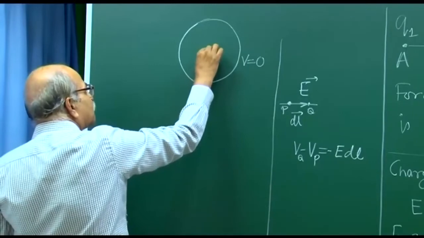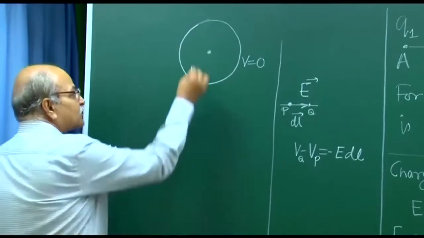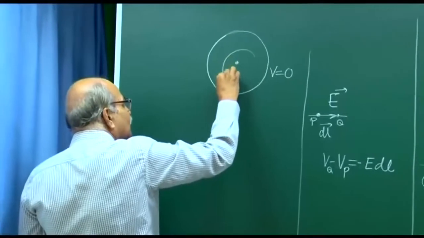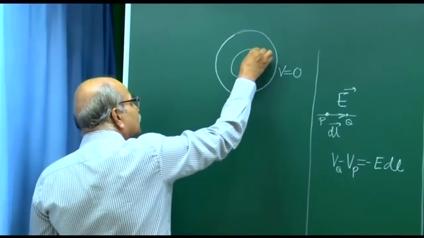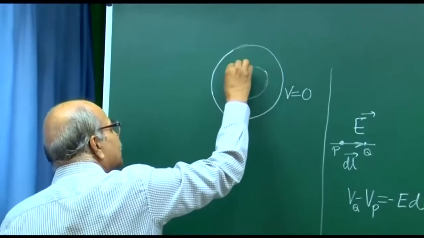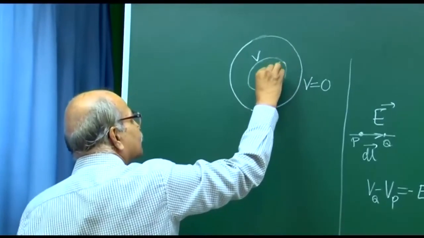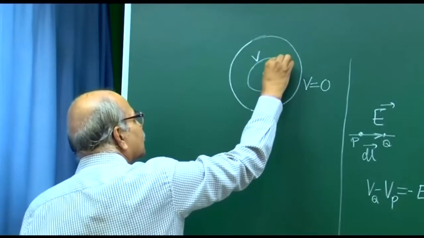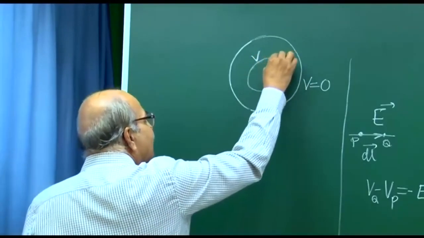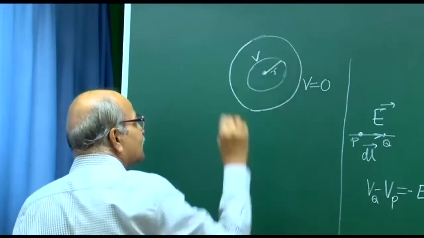Then in the middle I put the positive end of the battery, so there is a higher potential here. And then I have a circle, and what I find is that on every point on this circle the potential is the same. If this distance is r, you can ask what is the potential V at this distance r, no matter in which direction. These potentials are all the same.